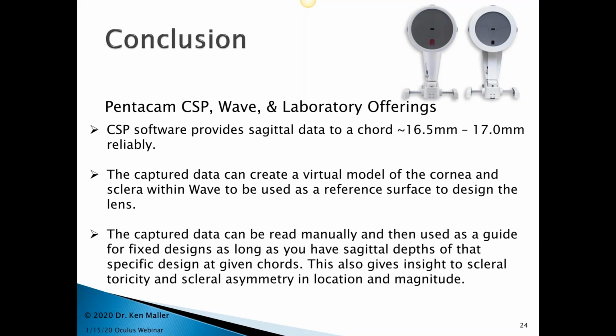And no, it was not regular toricity. So if you gather this data with the CSP, you would know immediately that reaching for that spherical or even a toric haptic is probably not going to address the case very well, which in fact is exactly what happened to that particular patient.